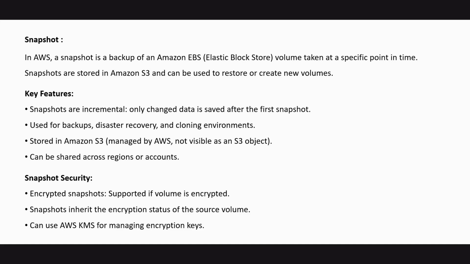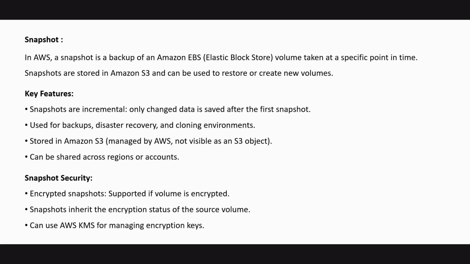Let's say at present I'm taking a snapshot. After taking the snapshot, if I add one more photo or one more file, it will not be reflected in the snapshot. That is what specific point in time means. Whatever exists at the time I take the snapshot will be in the backup.